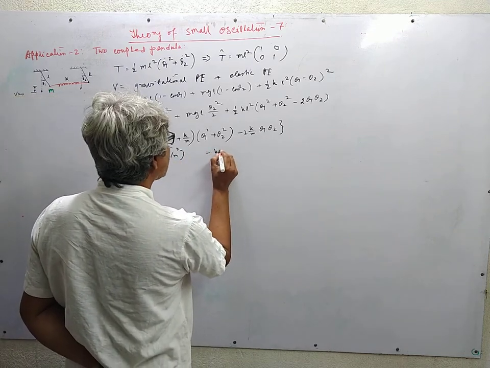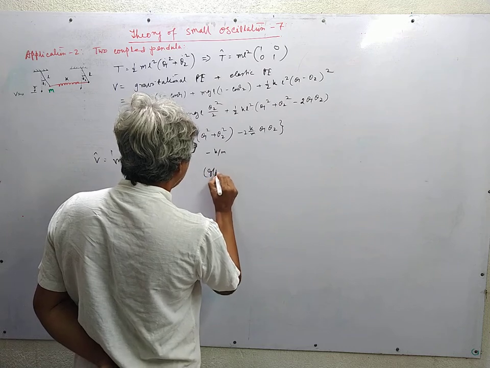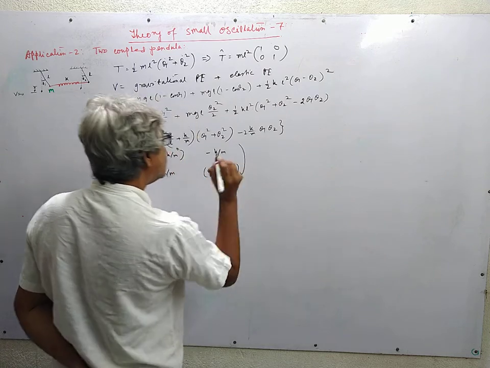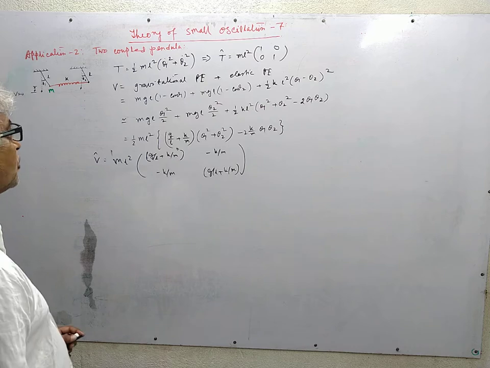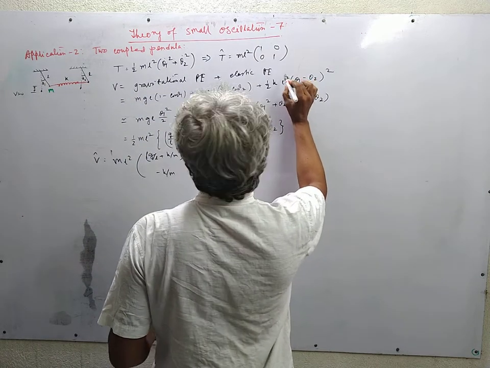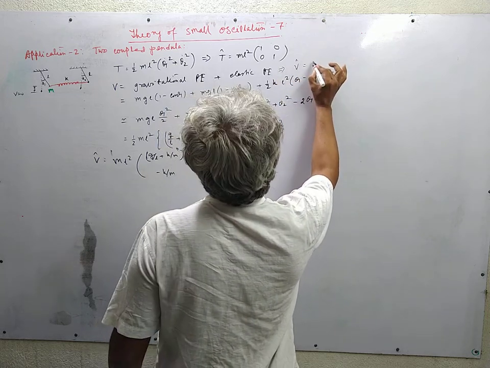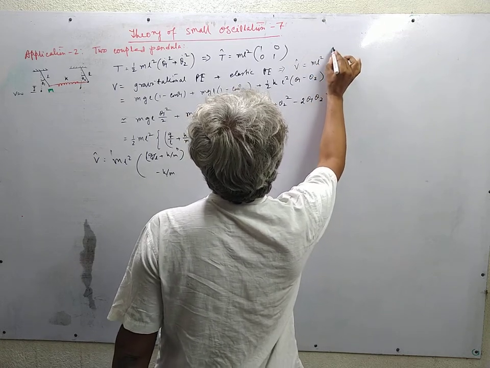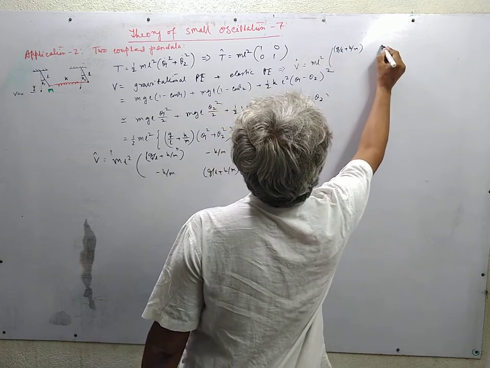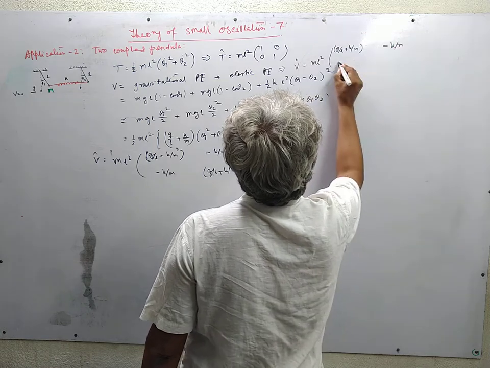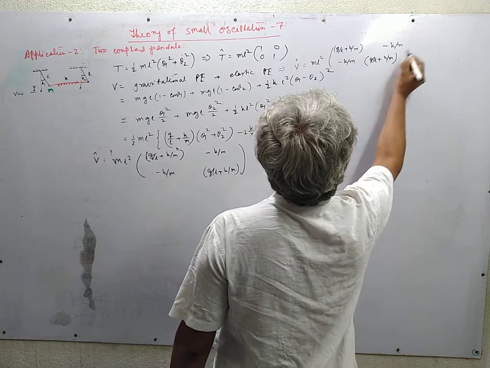This is minus k by m, this is also minus k by m, and this is g by L plus k by m. This is the V matrix.